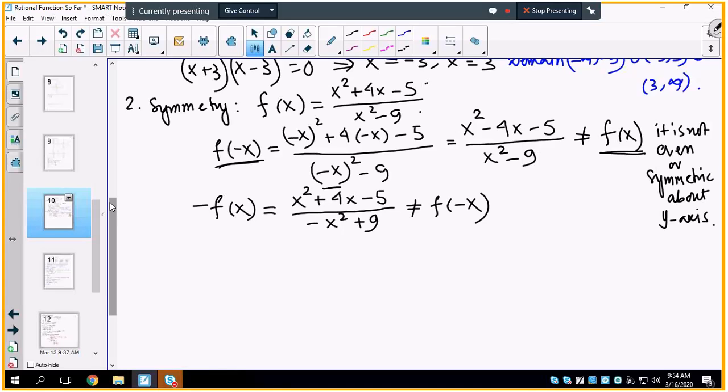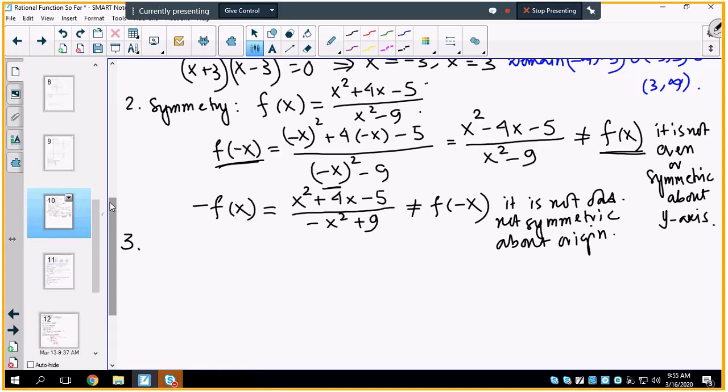So minus f of x is also not equal to f of negative x, so it is not odd. What does that mean? It means not symmetric about the origin as well. So there is no symmetry in this function, which is pretty usual.